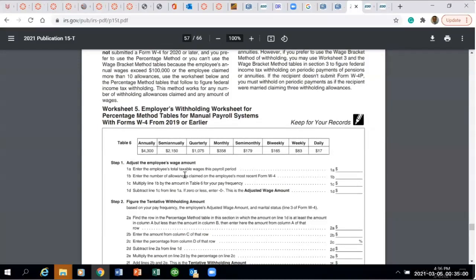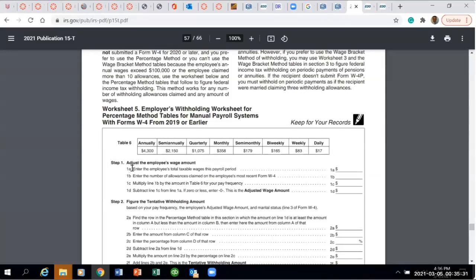And remember, the older W-4 has allowances. The newer W-4 doesn't have allowances. You just say how many dependents you have, and for every dependent you get a $2,000 tax credit. But on the older W-4s, you have allowances.